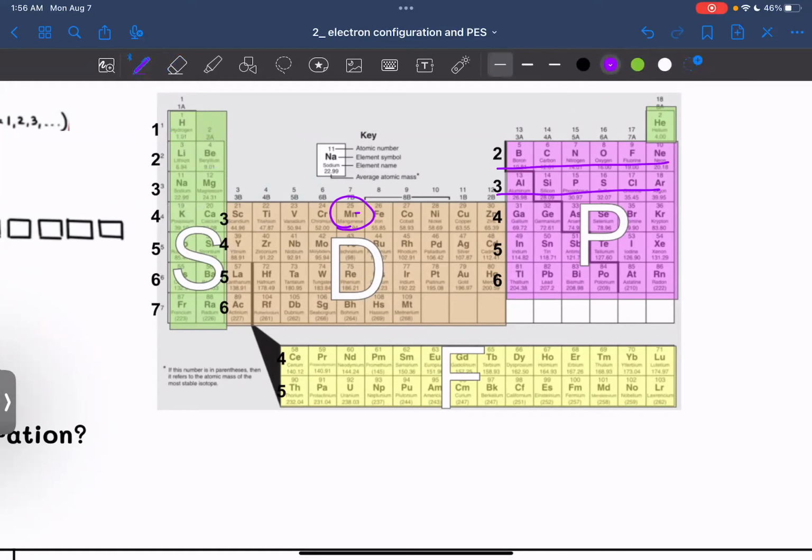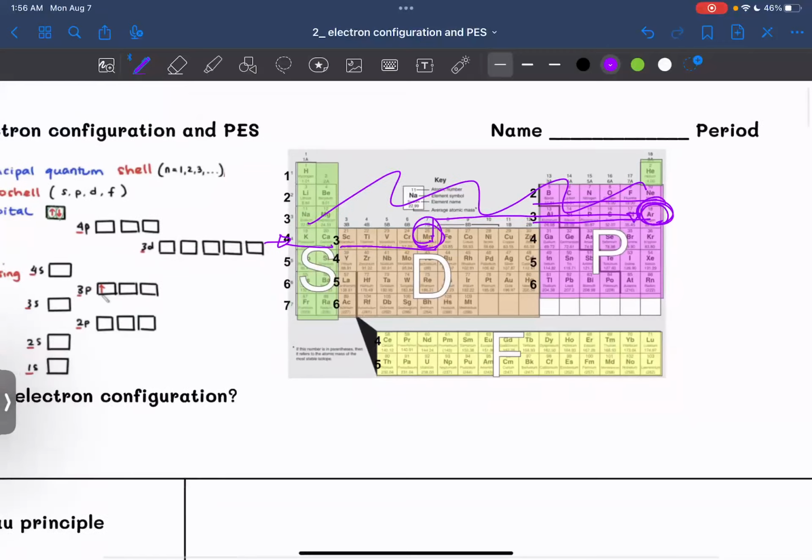If you want a short form, go one up all the way down, Ar, and that takes care of all that above. So we start from here: Ar, 4s2, 3d5.